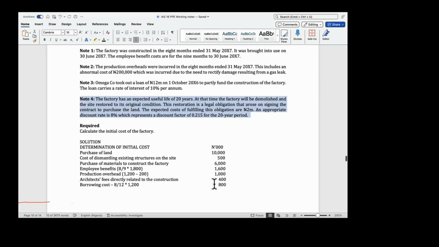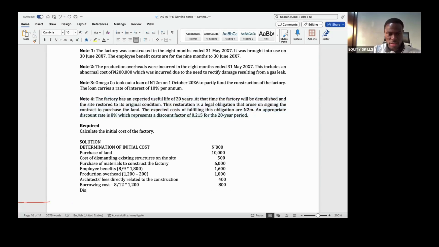So as I have mentioned, this dismantling cost needs to be capitalized. We cannot capitalize the 2 million because it's a future value. So we need to discount it to present value. The examiner gave us a discount factor of 0.215. So I just multiply them together.